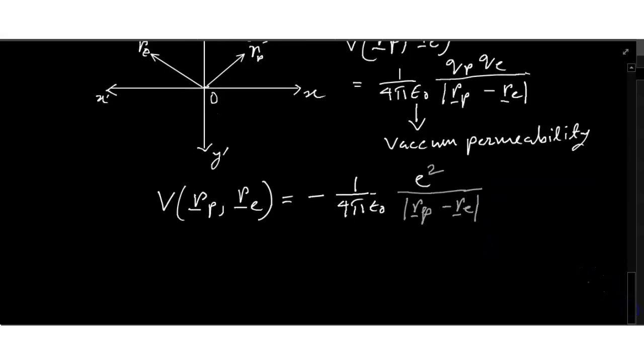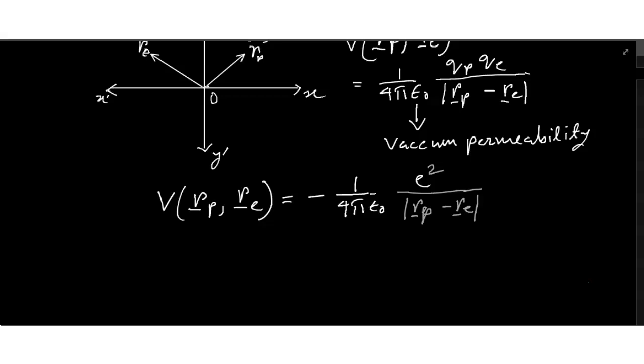Now, using the values of the charges in terms of the elementary charge, we get this new expression. This minus sign here indicates that the electrostatic potential between the proton and electron is attractive. In other words, the electrostatic potential is what binds a proton and an electron to form a hydrogen atom.